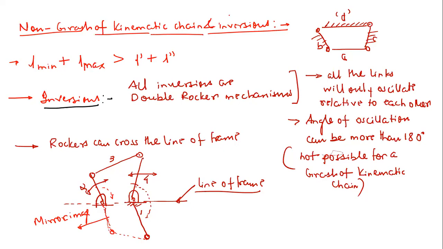And that's why we say that there exists only one mode of assembly. That means if you disconnect all the links and assemble either below the frame or above the frame, with respect to time, whatever configuration these links acquire will be referred to as a mirror image configuration, and you will always say that only one mode of assembly is existing.